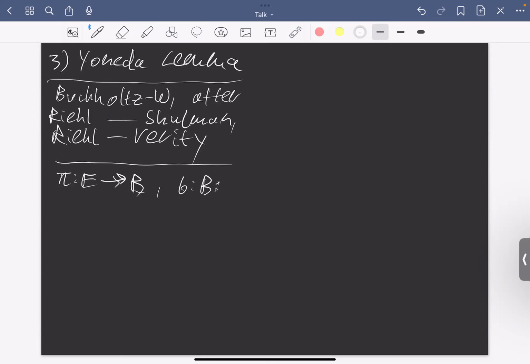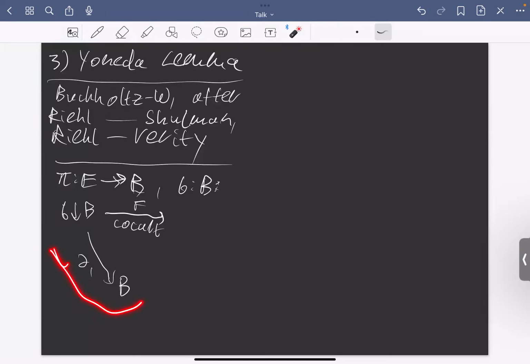And the Yoneda lemma fibrationally can be seen as the following statement. Look at the fibered functor, so I'm doing the covariant case. Look at co-Cartesian functors from a covariantly representable fibration with respect to b.